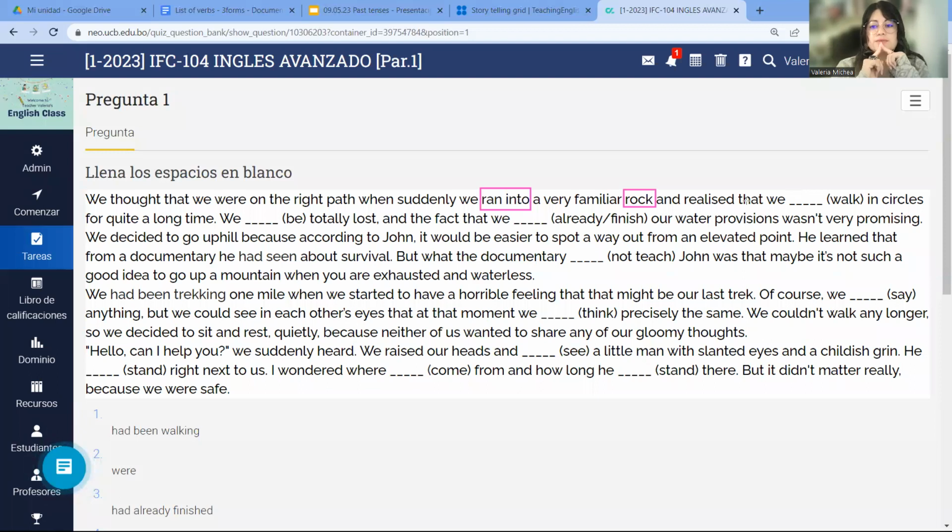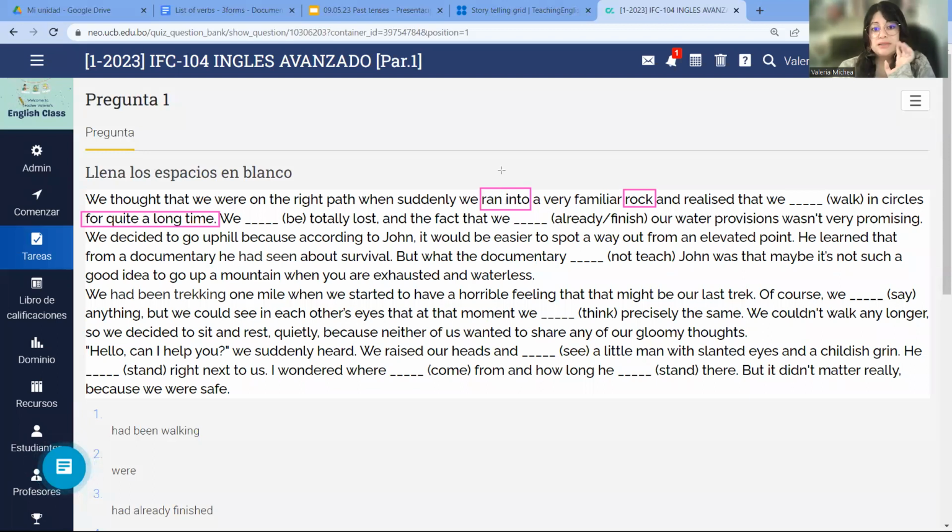Now think about this. We have the verb walk and we have the phrase for quite a long time, right? So we know that something happened for a long time in the past. And something happened before other actions in the past, right? So we have a list of actions happening, but we ran into something.